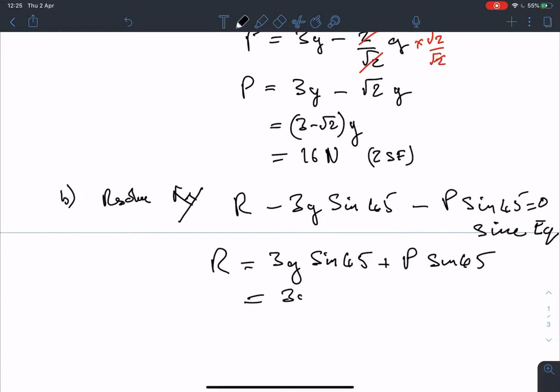So 3G times root 2 over 2 plus P was 3G minus root 2 G times root 2 over 2.